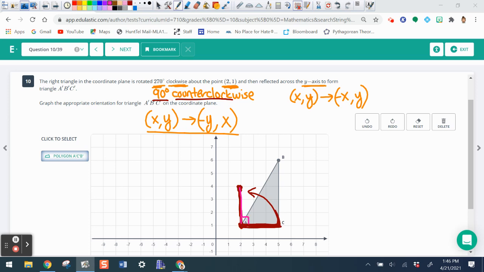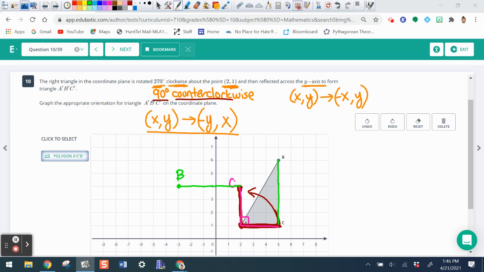So if you notice, there's a right angle here. So I know C is going to end up right there. Well, then think about how far C is from B in the pre-image. C is 1, 2, 3, 4, 5 units from B. So B has to remain 5 units from C. So 1, 2, 3, 4, 5.